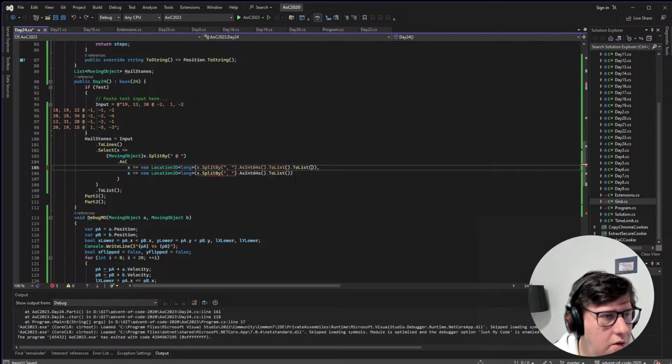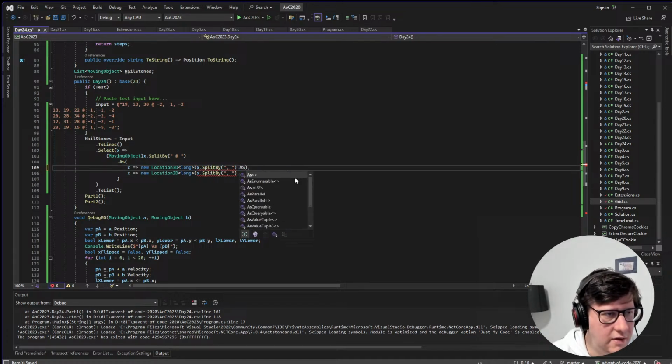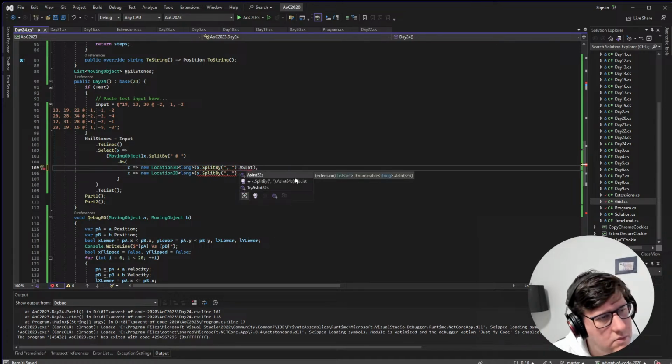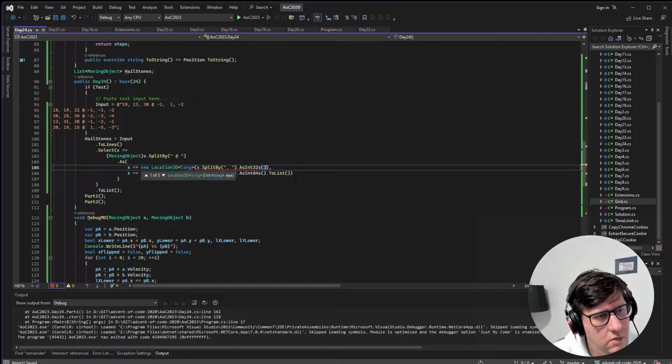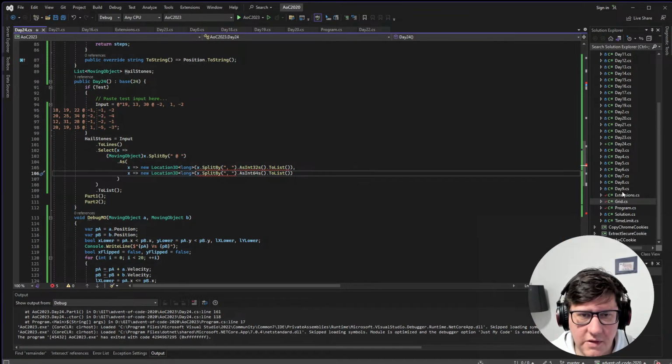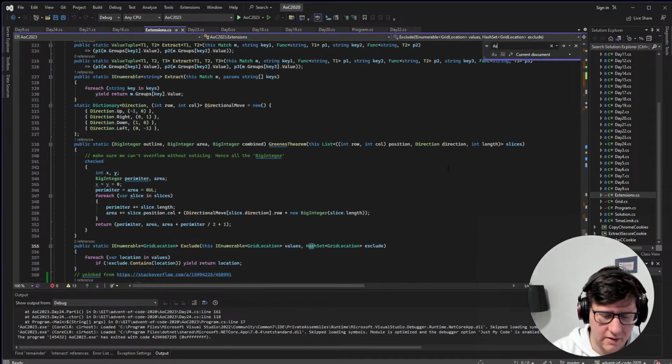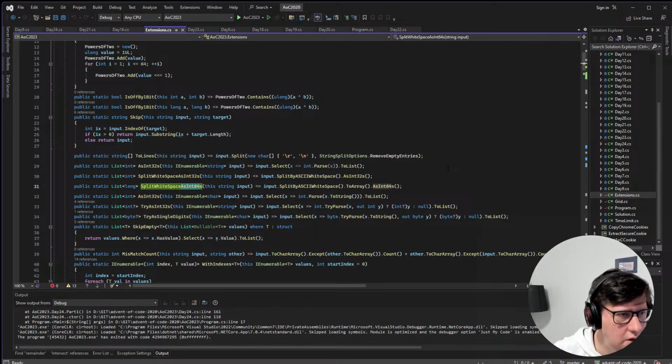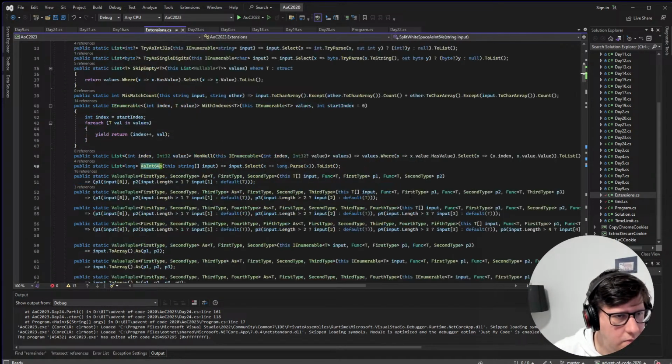Split by, yes, as int. What does the int64s not like? Let me see. As int64s. No. It expects an array already.